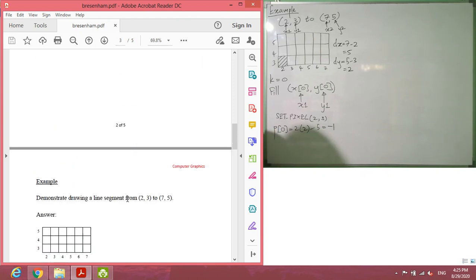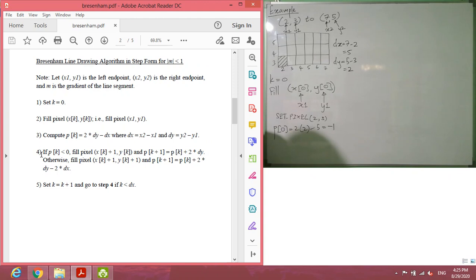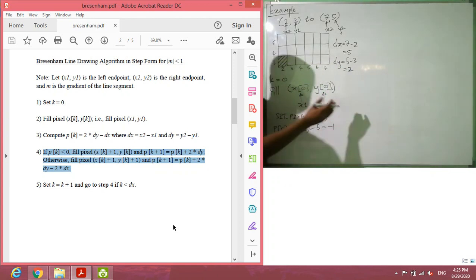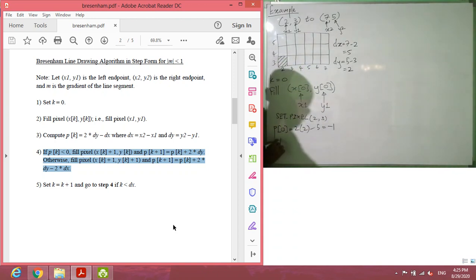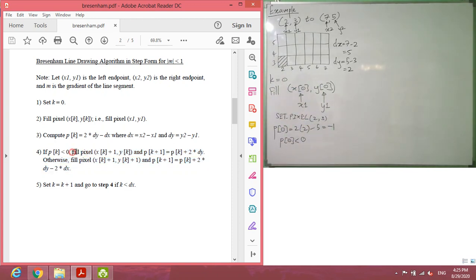Then we move to step 4. We check whether pk is less than 0. Now you can see the p naught value is less than 0, no? Therefore, we have to execute this part.